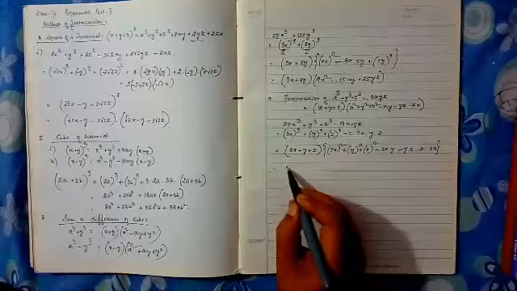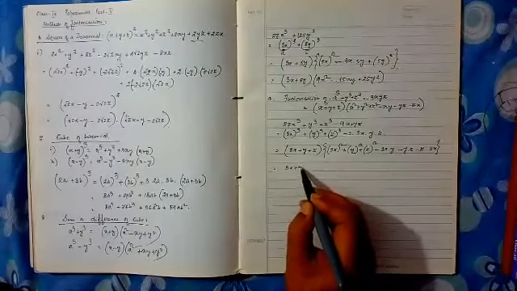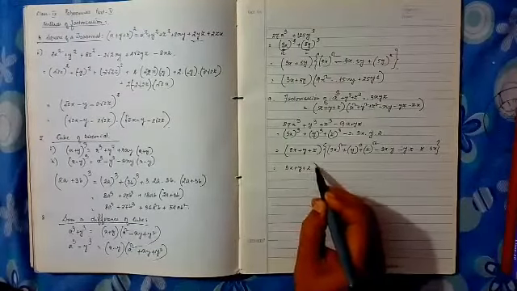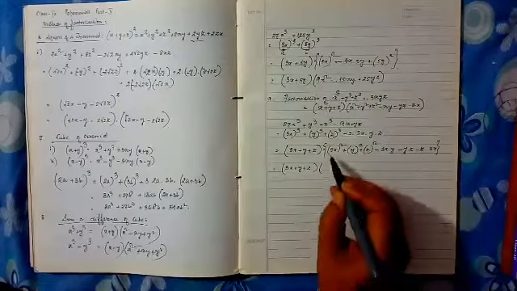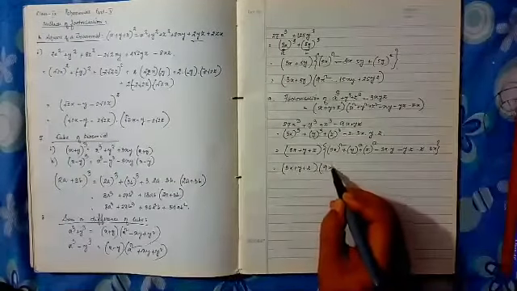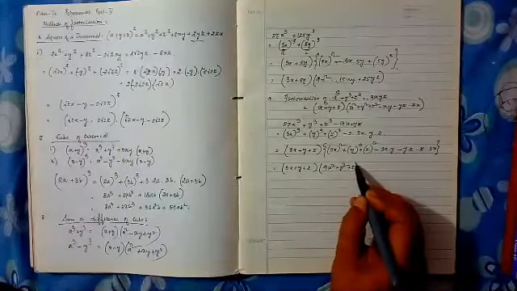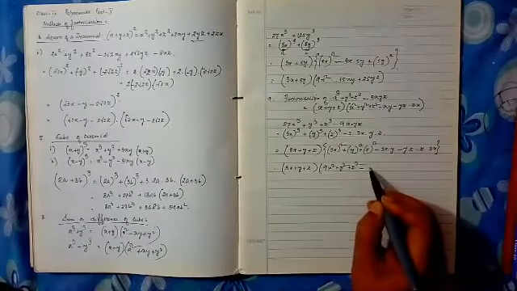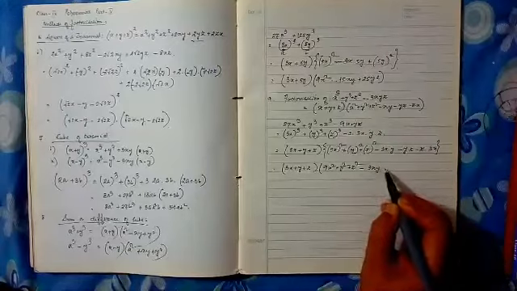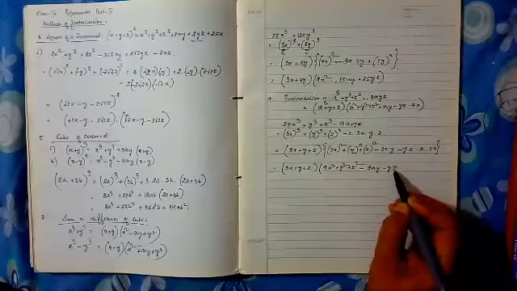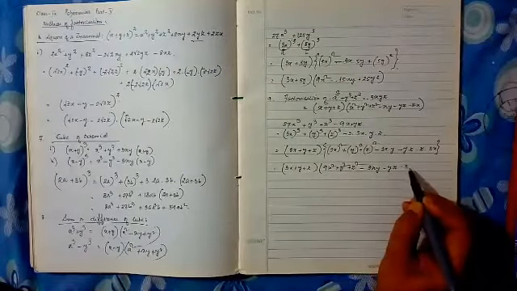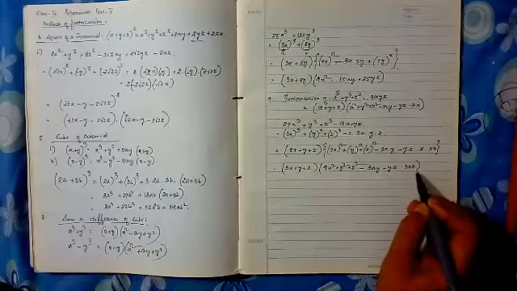So this is equal to 3x plus y plus z, then 9x square plus y square plus z square minus 3xy minus yz minus 3xz.